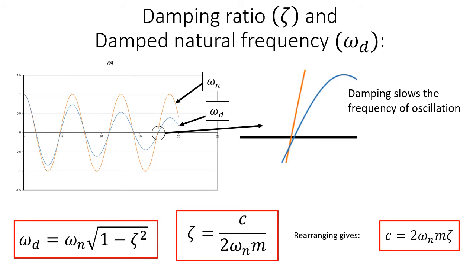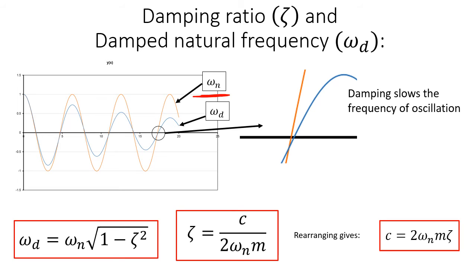Right, there's quite a lot going on in this slide, but I'd like to try and take you through it. If we look at the graph on the left hand side here, it shows two responses. One is the orange line, and that's our undamped response, and that would give us our natural frequency, omega n.